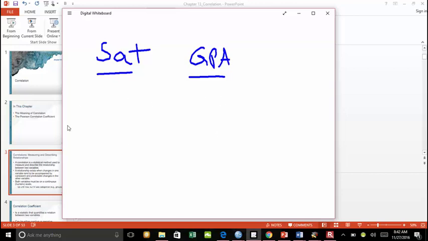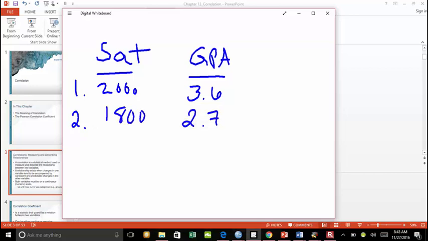So for person one, their SAT score, and I don't even know the range of SAT scores anymore. They keep changing them. Let's say they got a 2,000 on the SAT, and their GPA was 3.6. And person two on the SAT, they got an 1,800, and their GPA is 2.7. And person three, their SAT score is 2,100, and they have a 3.7.